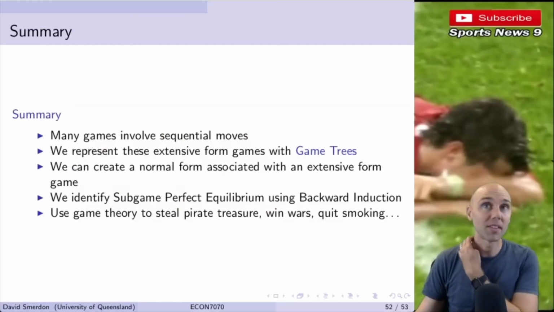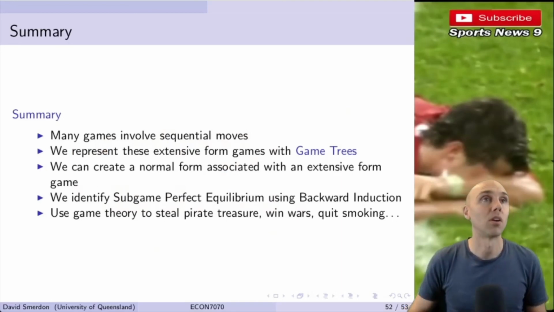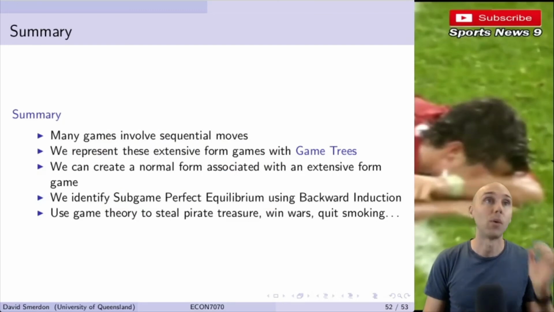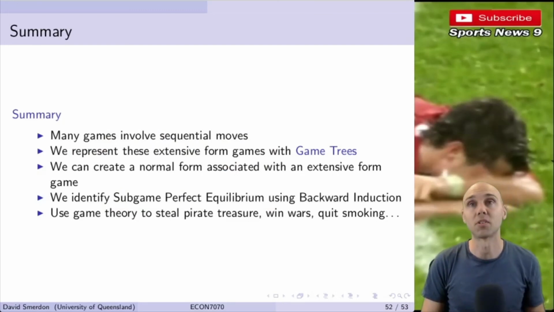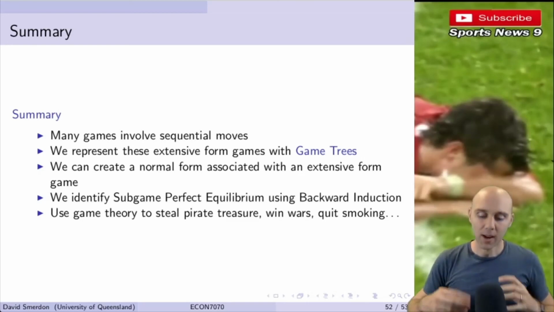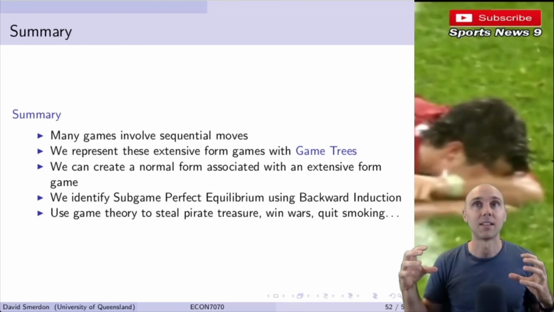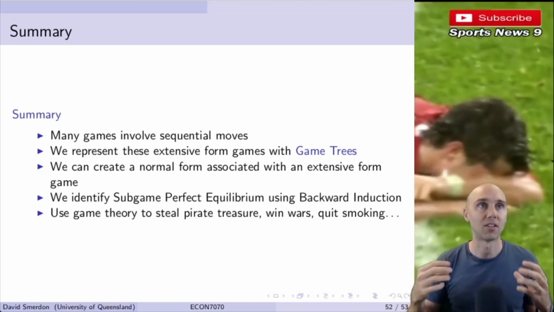Okay, so what have we seen today? Well, many games are not just simultaneous, but they also involve sequential moves, and we can represent those by game trees, which are reasonably easy to draw. From a game tree, we can then write a sort of elongated normal form, which we can use to identify Nash equilibria.